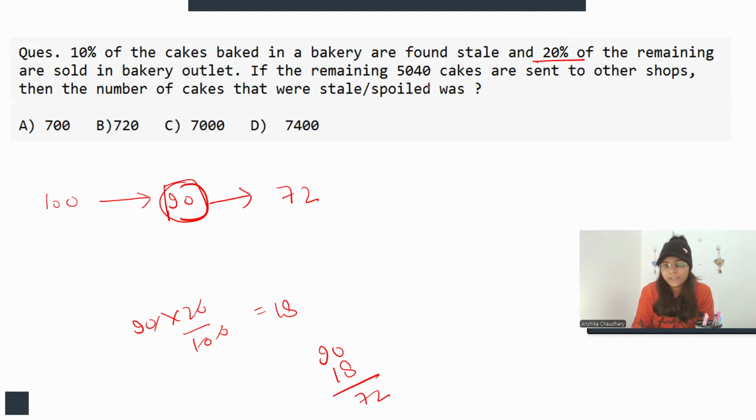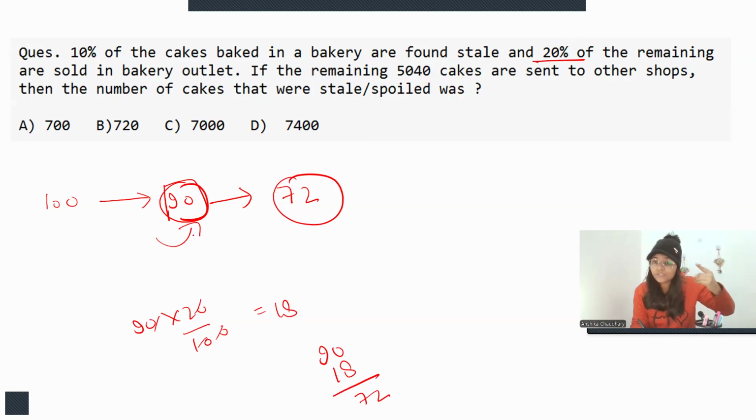Now, if the remaining 5040 cakes are sent. If we have 100 cakes, 10% were spoiled, so we have 90 remaining, right? Among those 90 cakes, 20% have been sold out. Now what do we have remaining? 72, right? But according to the question, the remaining is 5040 cakes.